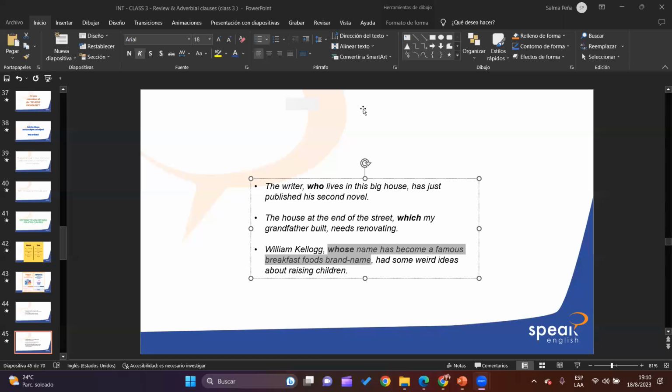Oh, un cascabel. I always thought it was called chin chin. Yes, that is the way that we call it normally. Un chin chin. But the real name is sonajero.